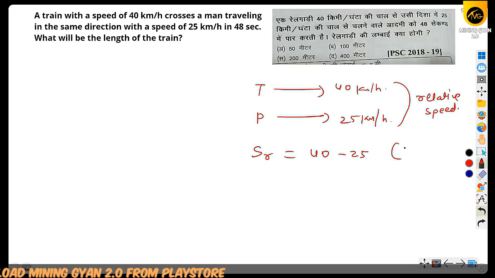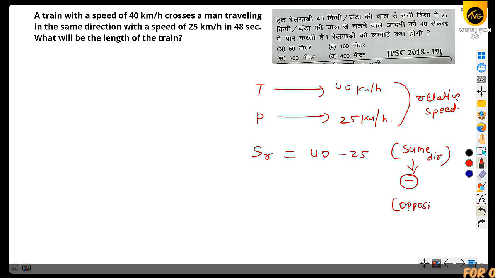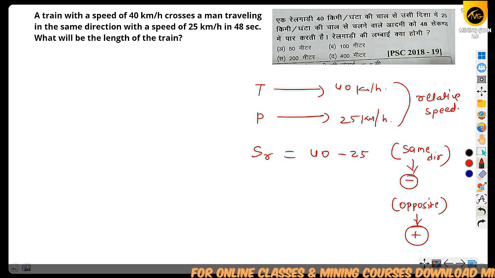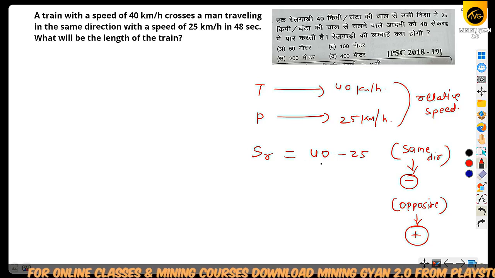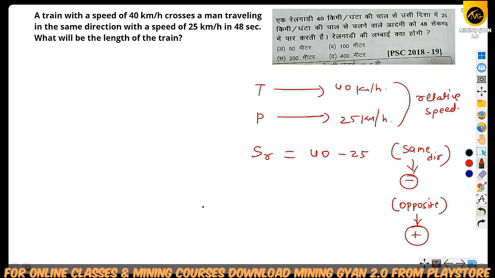So in this case, the same direction, that's why you have to use the minus sign. If there is a different or opposite direction, then you use the plus sign to find the relative speed. So always remember, if the directions are the same, we use the minus sign between the two speeds, and if the directions are opposite, we use the plus sign to find the relative speed.